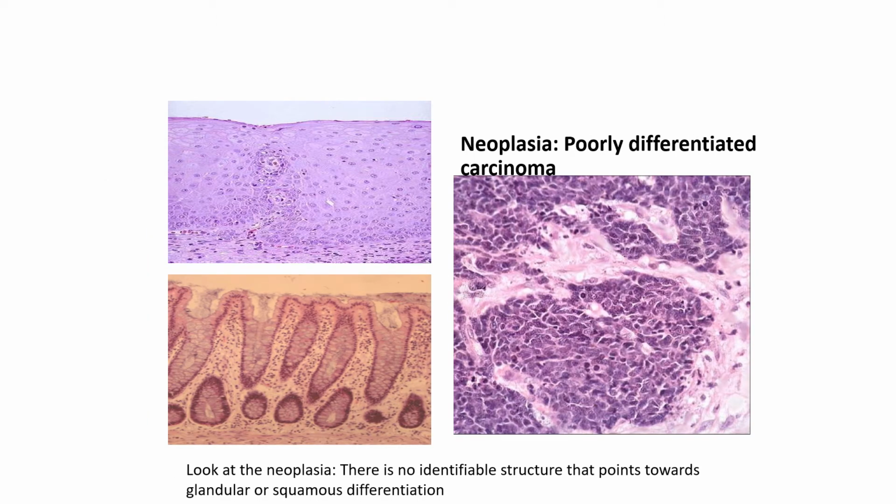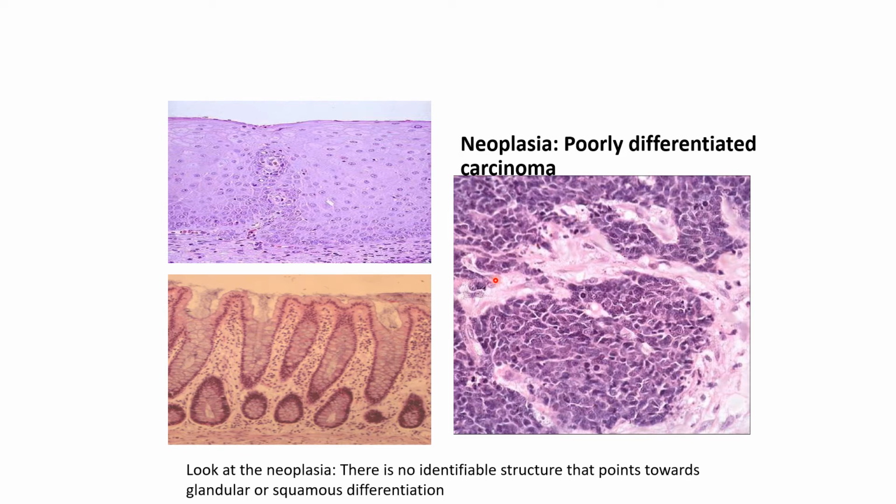Now we look at the concept of poorly differentiated tumors. We usually see this in a malignancy. Remember, a malignant tumor can have a range of differentiation from well differentiated, moderately differentiated, and poorly differentiated. Look at the normal squamous epithelium and the normal glandular epithelium. And now we look at the neoplasm, the poorly differentiated carcinoma.